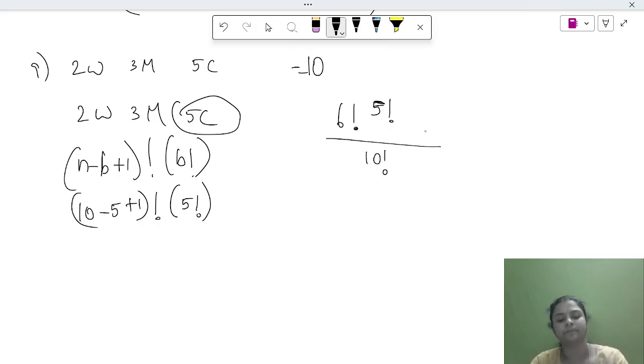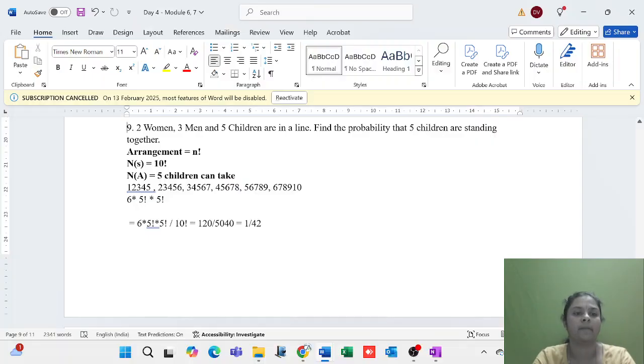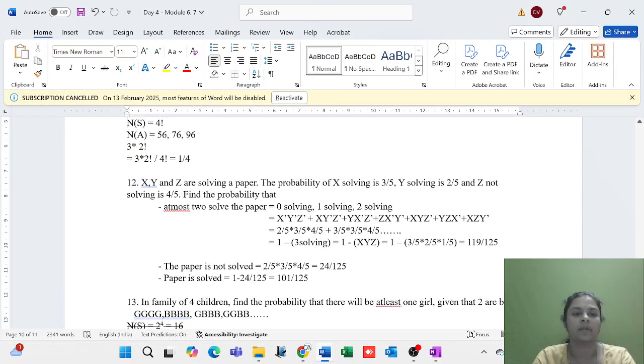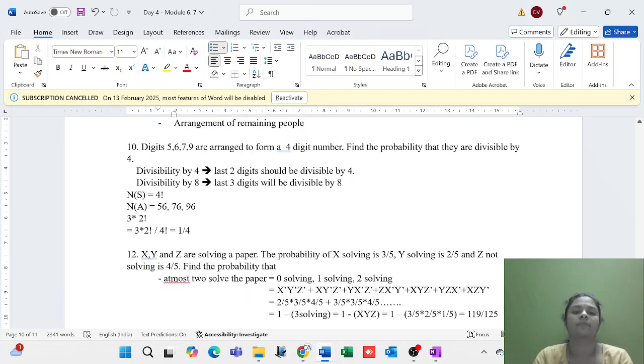Got it? Can I continue? Yes, ma'am. Tenth question. Digits 5, 6, 7, 9 are arranged to form a 4-digit number. Find the probability that it is divisible by 4. Remember, for divisibility by 4, the last 2 digits should be divisible by 4.